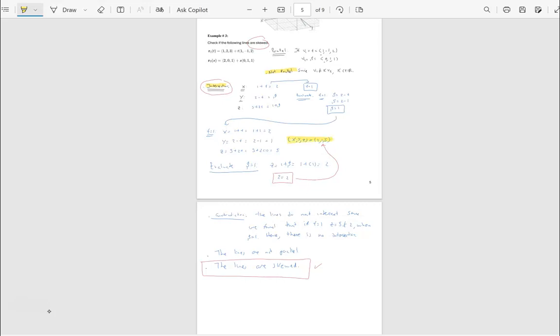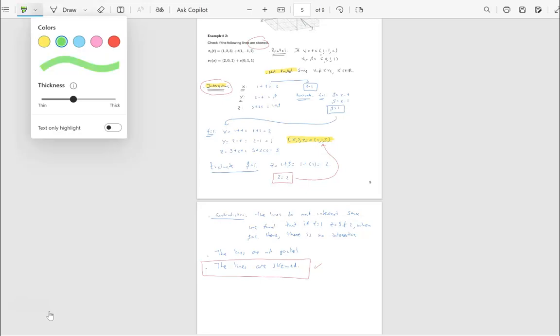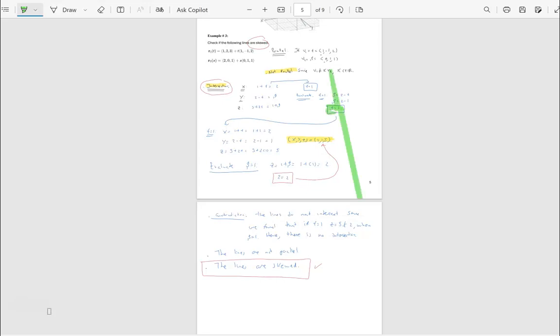You're not going to find the contradiction until you plug in the second point, where your solution for s is 1, and that's where the contradiction appears, which gives us that, unfortunately, the z coordinate is incorrect. That's actually it for this one.